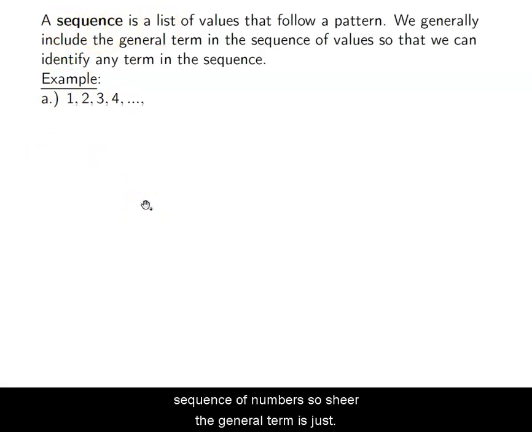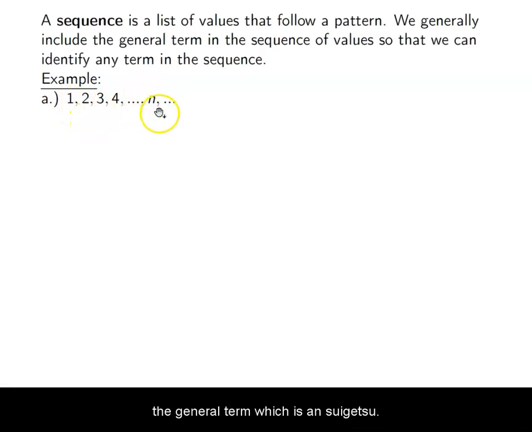So here, the general term is just n. Okay. We always start off at 1. So the first term, we plug that into here, we get out 1. For the second term, we plug 2 into the general term, which is n, so we get 2, 3, 4, etc. Okay.